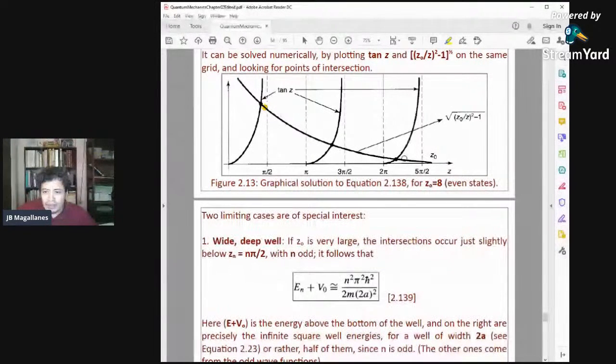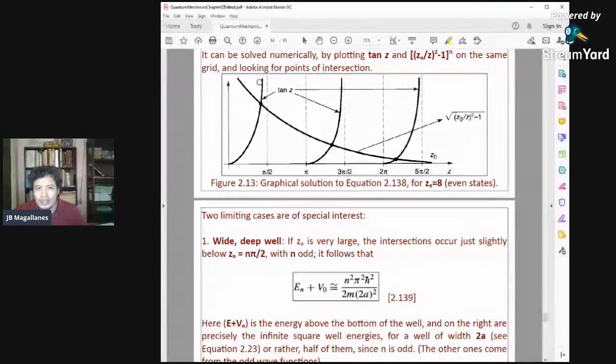Because if Z0 is very large, the curve would be slightly higher than this, and so the curve would look like this.